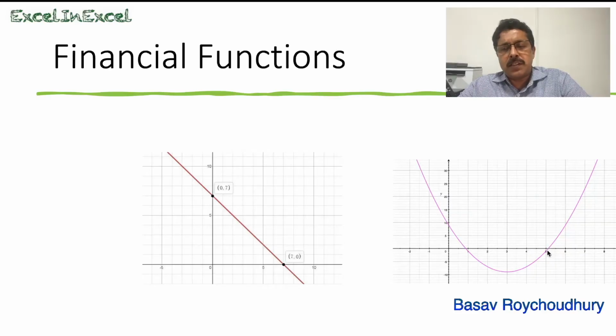That means it cuts the x-axis and your result will be near about 5%. Now, while you will be happy with that result, you don't know if there was another possible result, right? You don't know whether this result is unambiguous or there were other possible values which solve that equation.